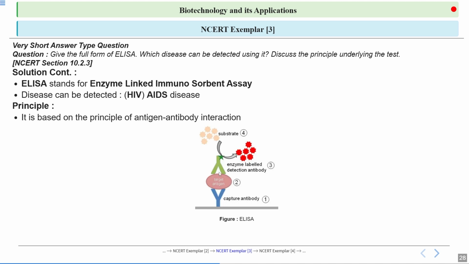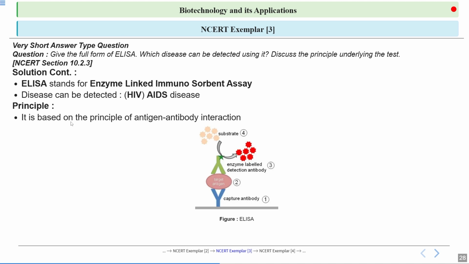Then the other detection antibody is labeled with an enzyme. This enzyme has the power to convert a chromogenic substrate, and the substrate will give us some color. By that color we can understand that the reaction has been against that specific antigen only.